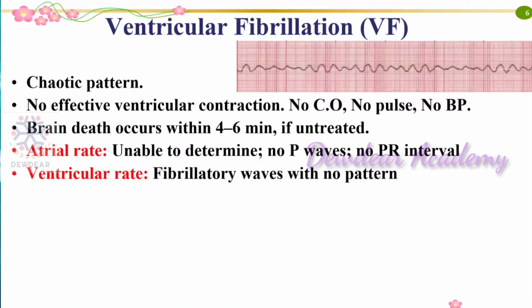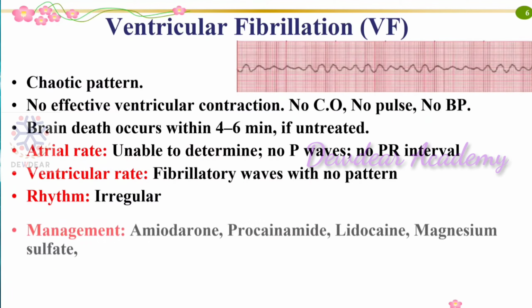And in VF, the atrial rate is unable to determine. So no P waves and no PR interval. And in case of ventricular rate, it will be fibrillatory waves with no pattern, and the rhythm is irregular.